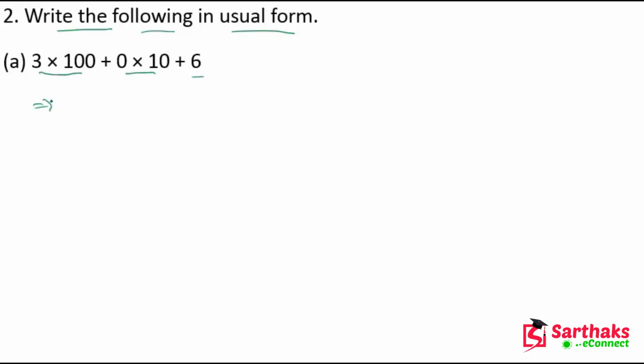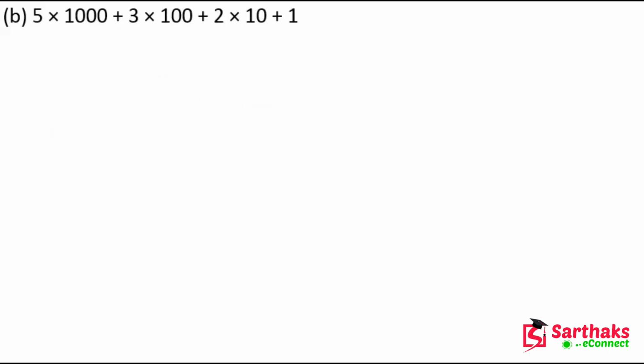Let's solve this. 3 into 100 is 300, plus 0 into 10 is 0, plus 6 is 6. Okay, understand, my dear friend? So we can write it as 306. Okay, now the next one.